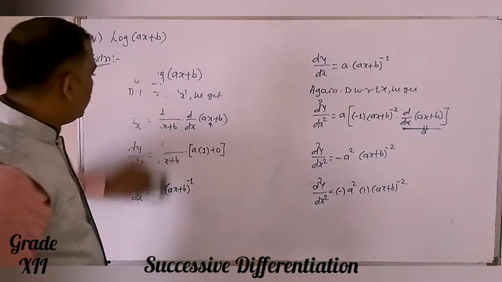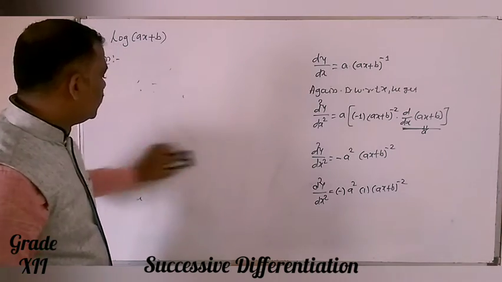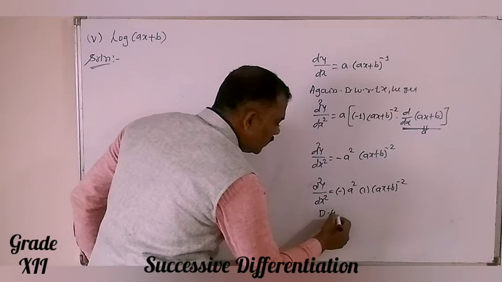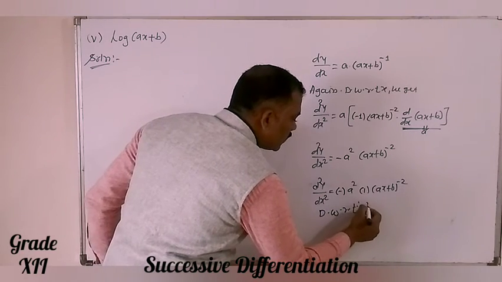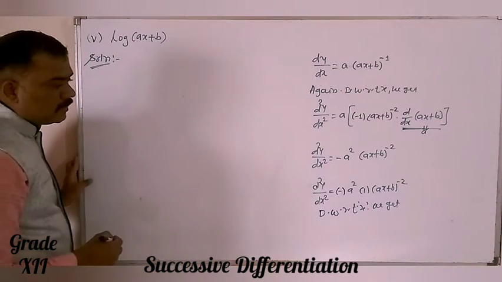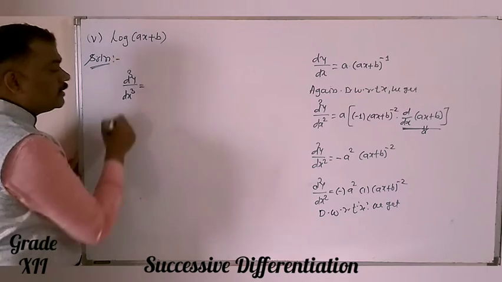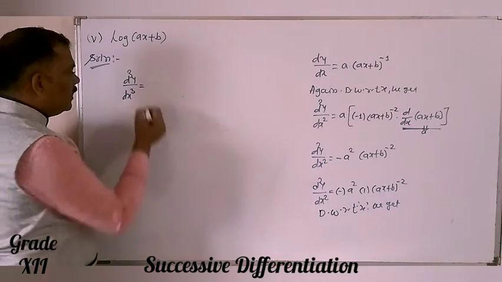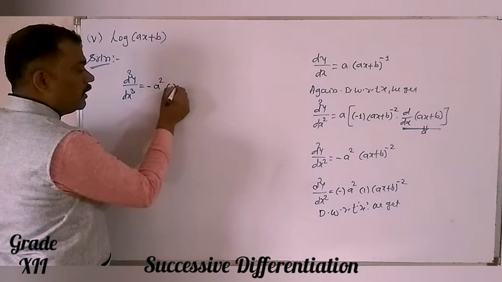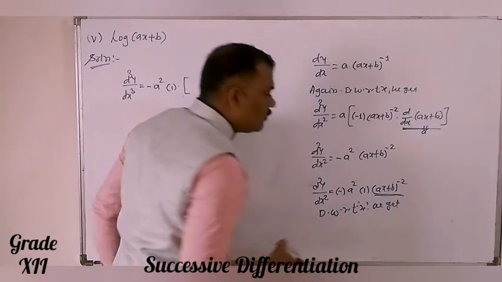Now we have to take the third order derivative. Again differentiate with respect to x, see here. d3y by dx raised to 3 is equal to, I will write as it is, minus a square into 1 into, now we have to take the derivative of this, ax plus b raised to minus 2.